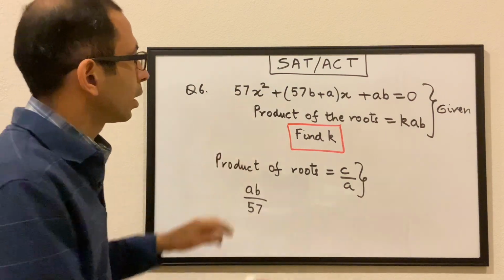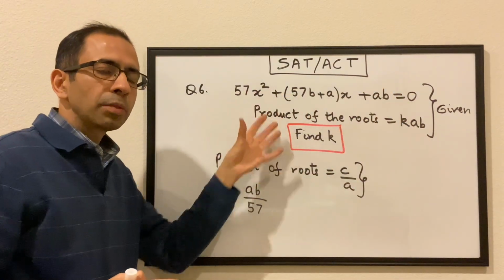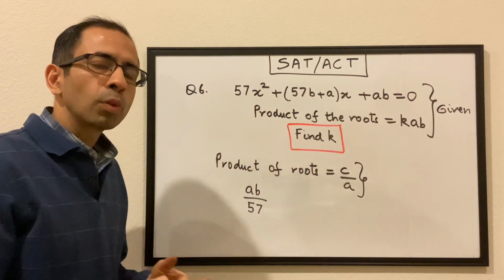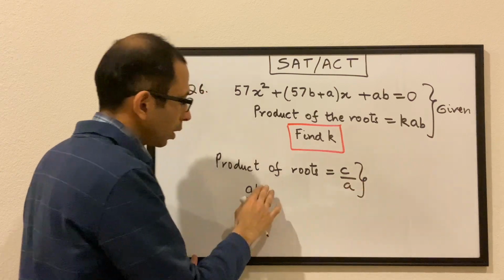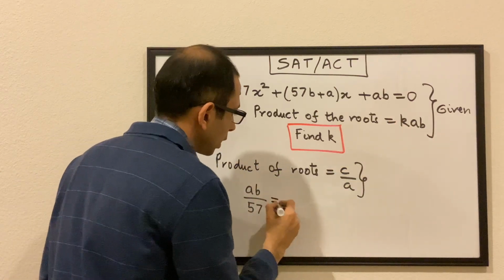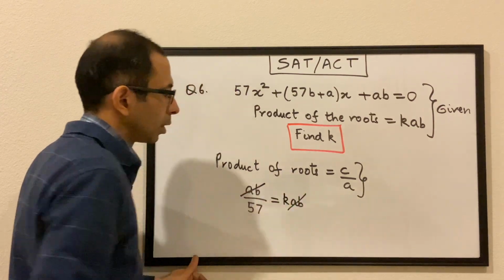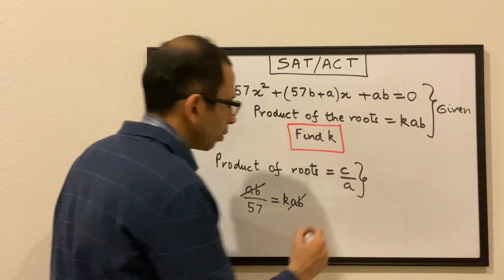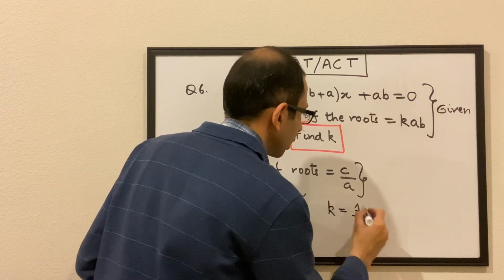This is our a, this is our b, and this is our c, if we compare this with the standard quadratic equation, ax squared plus bx plus c is equal to 0. So the product of the roots is c over a or ab over 57, which is given as kab. We divide by ab on both sides, we get k is equal to 1 over 57.